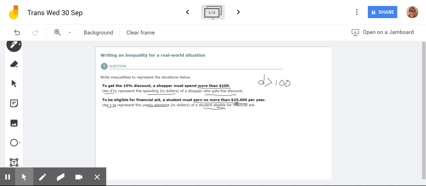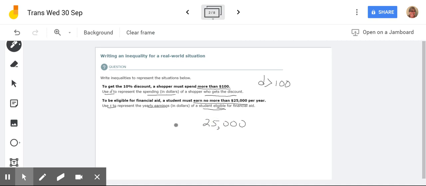Yeah. Could he earn 27,000? No, because you can't earn more than that. Okay, so you're going to write 25,000. And we're looking at S. Their earnings has to be less than 25,000.